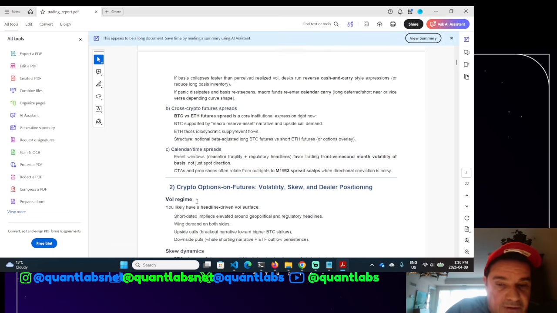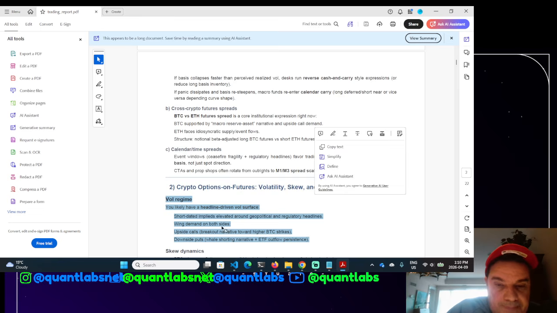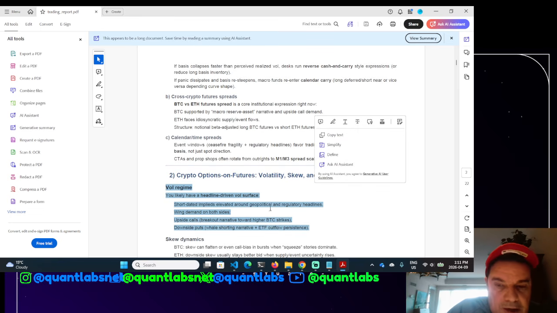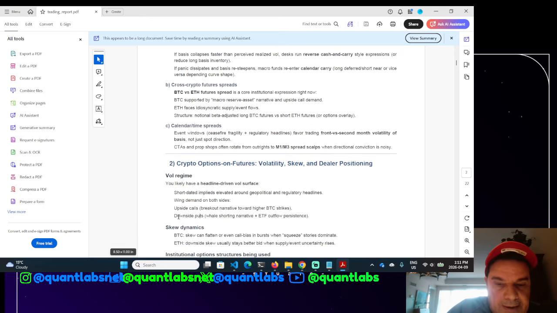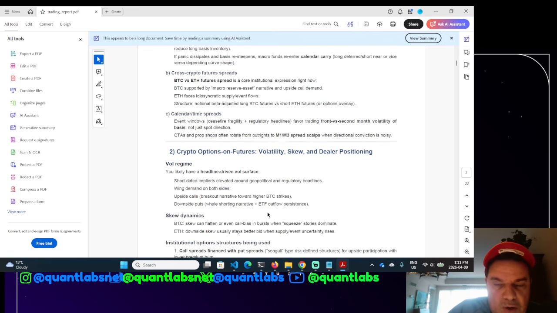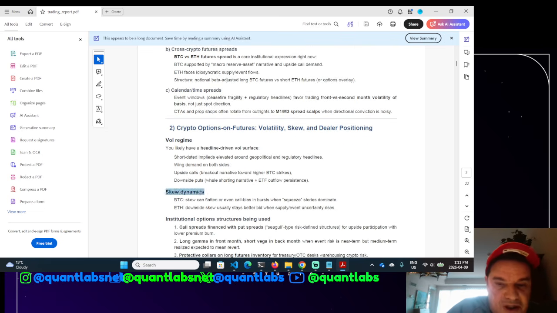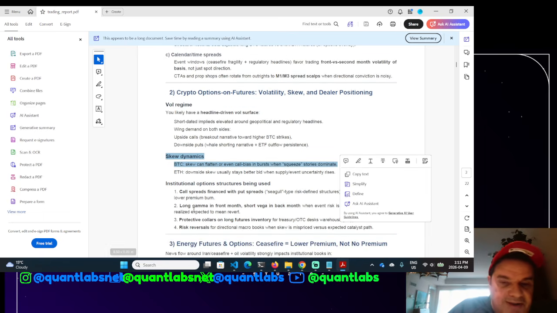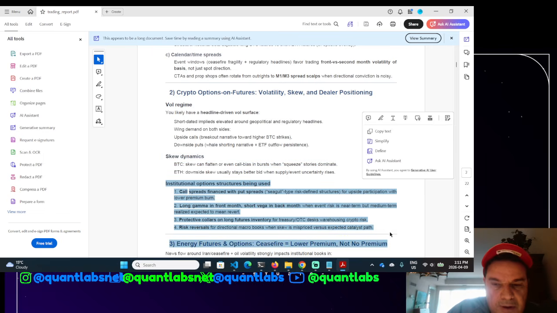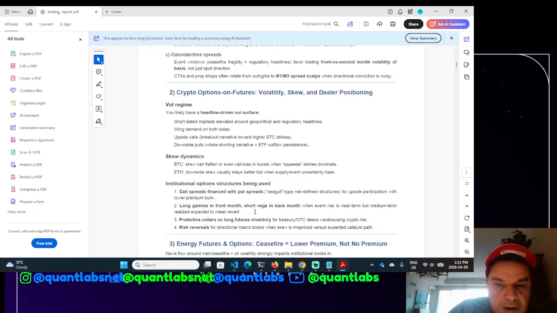Then we have the volatility regime that it analyzes right here. Short-dated implied volatility is elevated around geopolitical and regulatory headlines, with wing demand on both sides: upside call options for a breakout narrative at the high strikes, and downside put options for the whale shorting narrative, plus inflow and outflow persistence. Then we get into skewness, squeezing, all that stuff. Then we get into the institutional level involving long gamma, short vega.